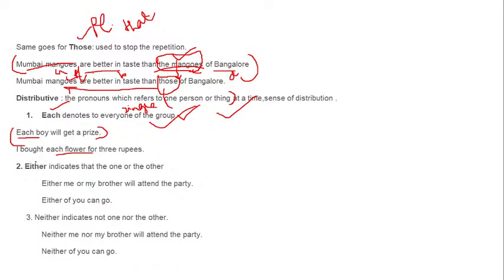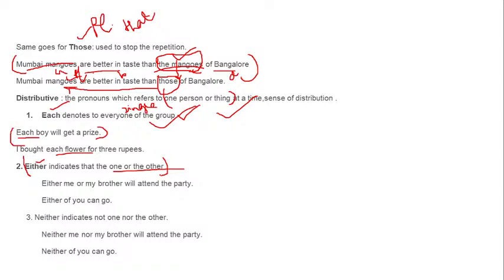Okay, next we come to "either". "Either" is very popular if we consider it from the examination point of view, where various questions come from either, neither, everything. So "either" indicates one or the other. It's not both. If it is both, then we use "both".